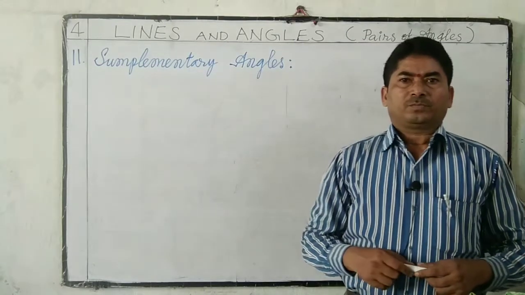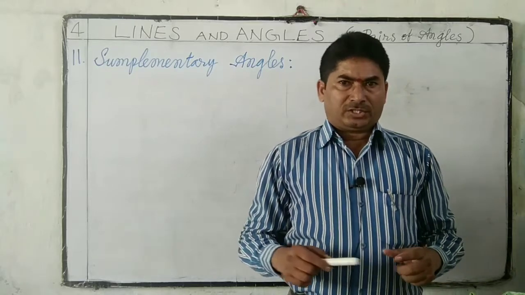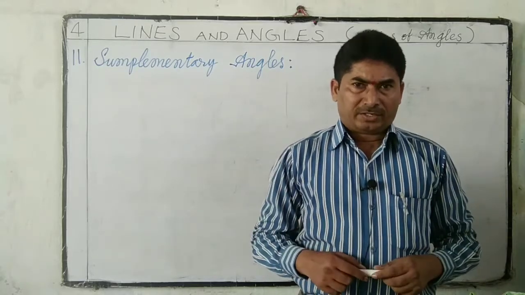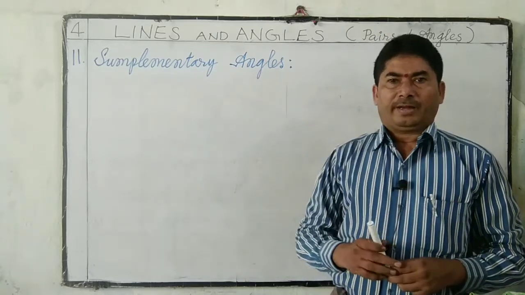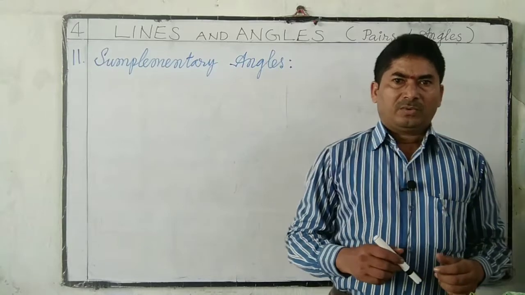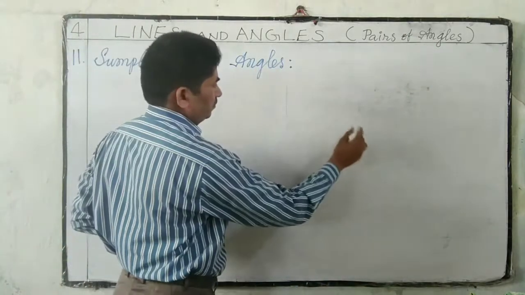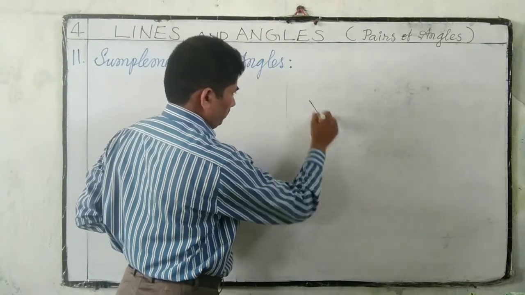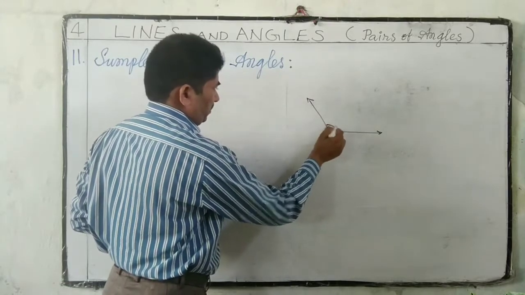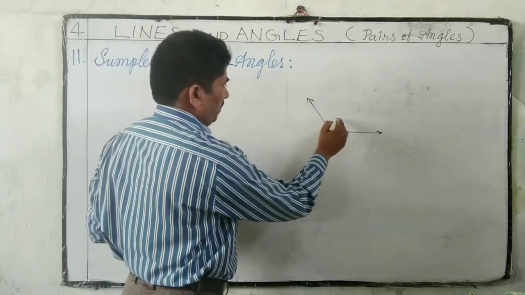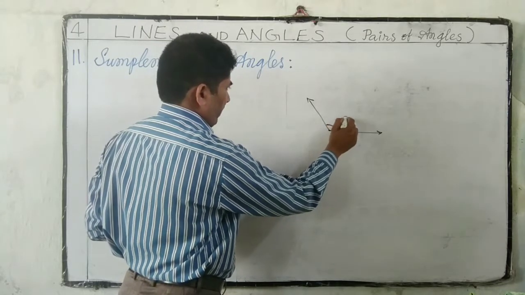Supplementary angles. What are supplementary angles? If the sum of two angles is equal to 180 degrees, then the angles are called supplementary angles. Let us observe those in a figure. This is an angle approximately 110 degrees.